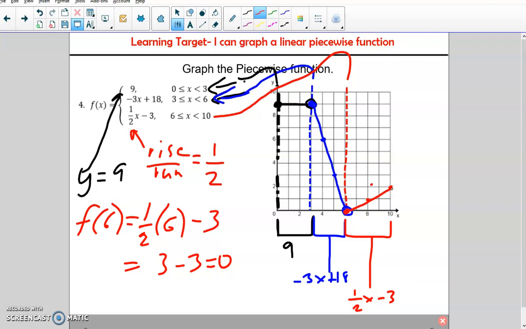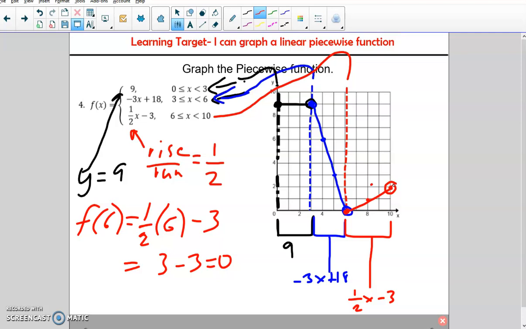And then at 10, remember 10 is not included. It's not equal to 10 for this piecewise function. So then I've got my open circle there. If you're just working in pencil, you wouldn't have all this in different colors. You would just mark the different spots where you would have an open circle or a closed circle. So that is it. That's how we would do that particular piecewise function.